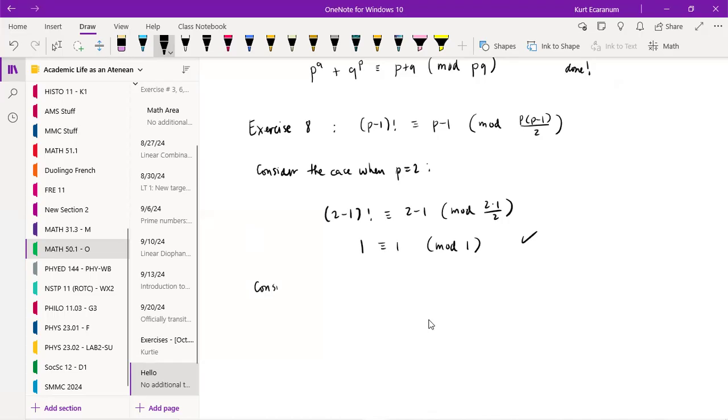Now, consider the primes p where it is greater than or equal to 3, or consider the odd primes, since 2 is the solely even prime actually.